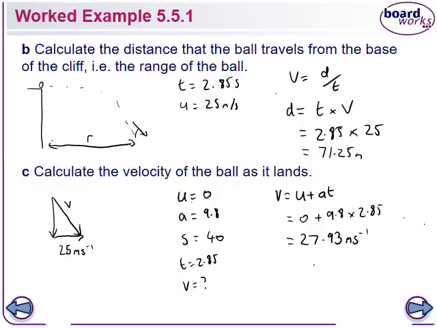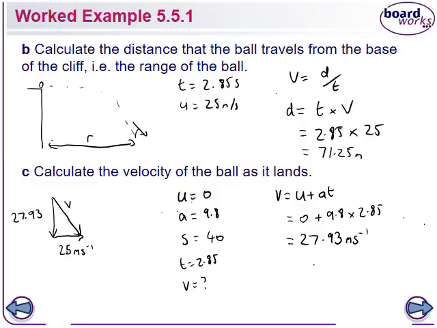So all of this is in the vertical direction. By doing this, we can get the vertical component of the velocity. So we've got the horizontal, that hasn't changed, at 25 meters per second. But now we know that this over here is 27.93. So what's the easiest way to find the magnitude of V now? Pythag.